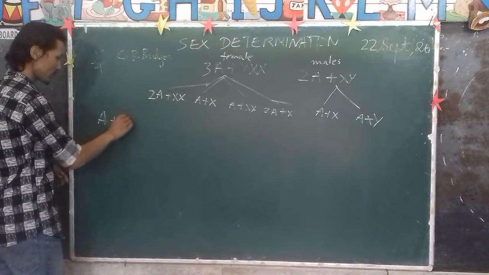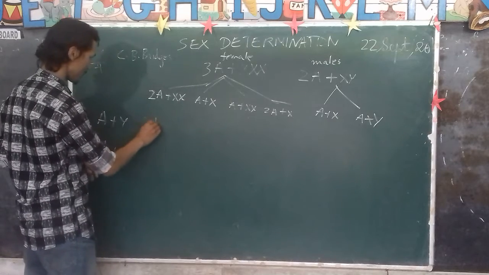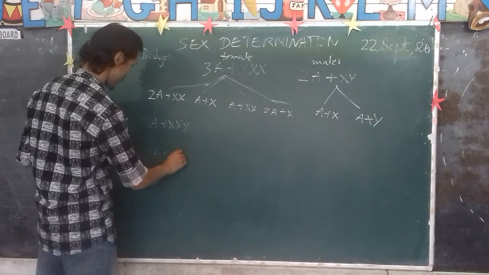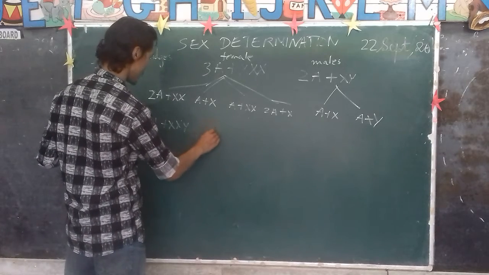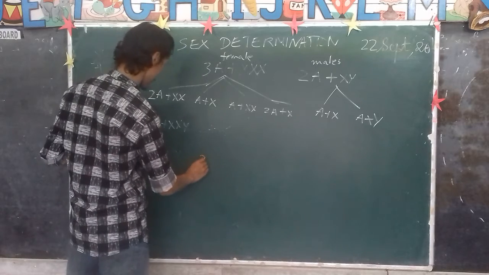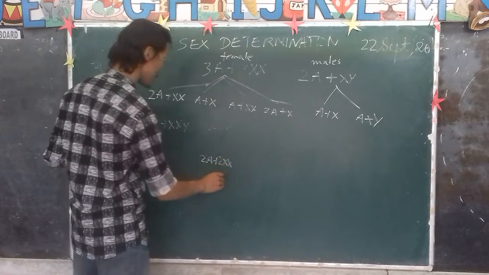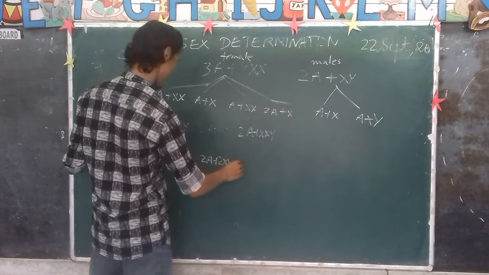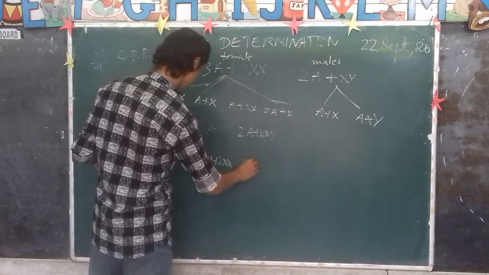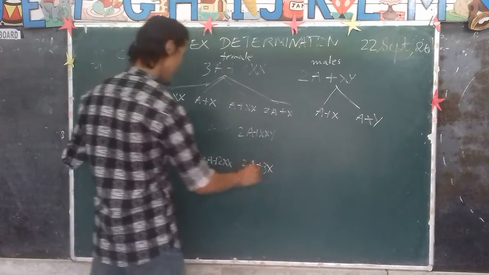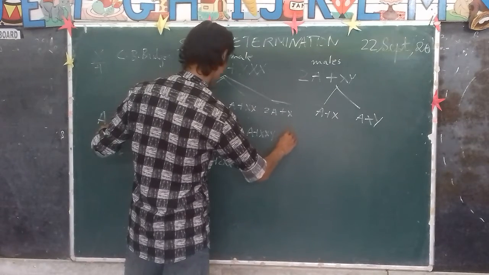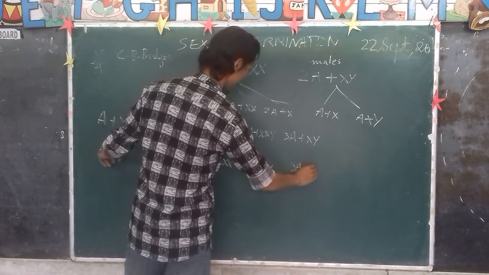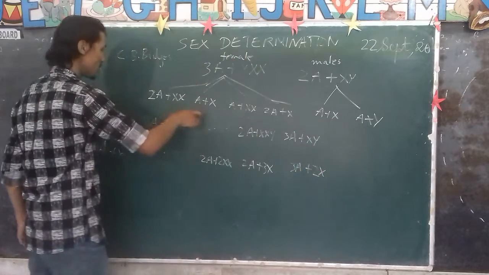Let's just draw a graph. So this gamete, when I'm crossing with this, is what I'm getting.